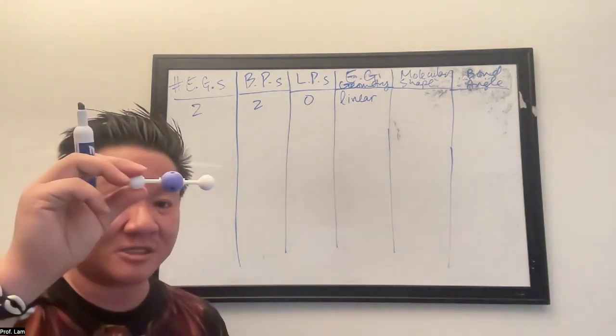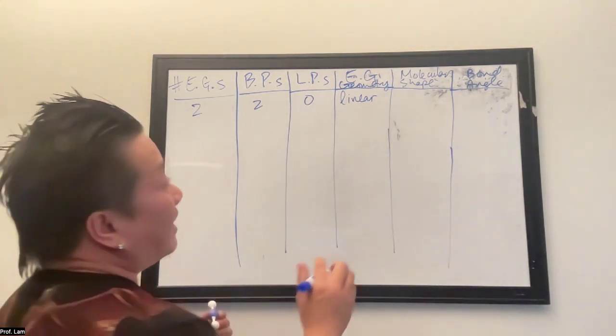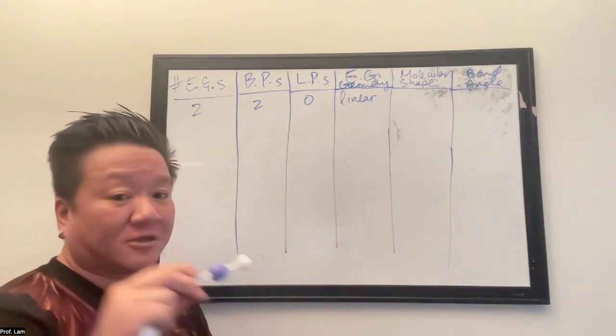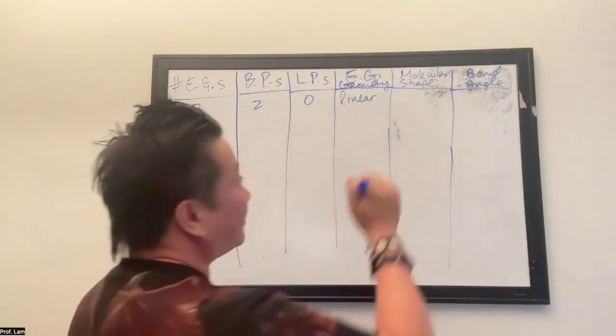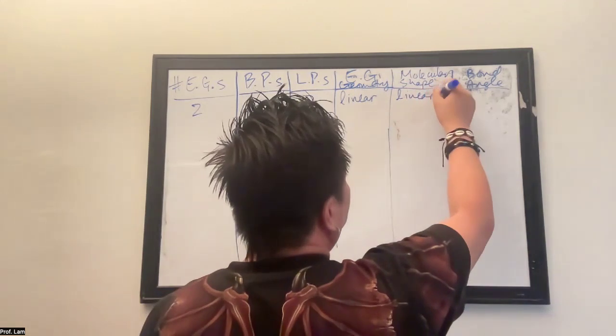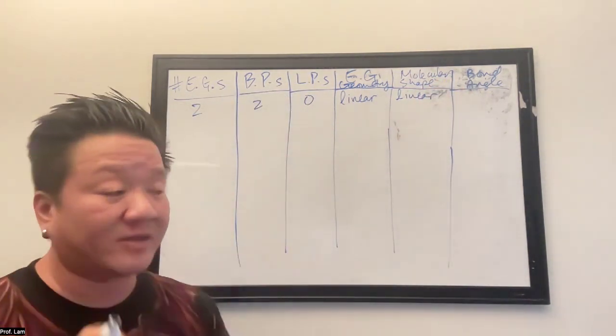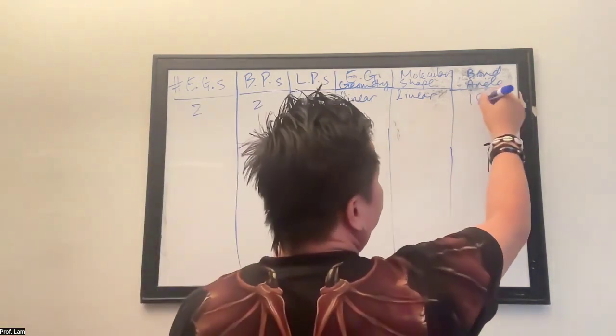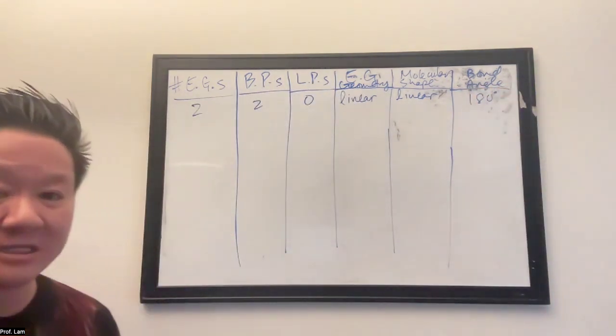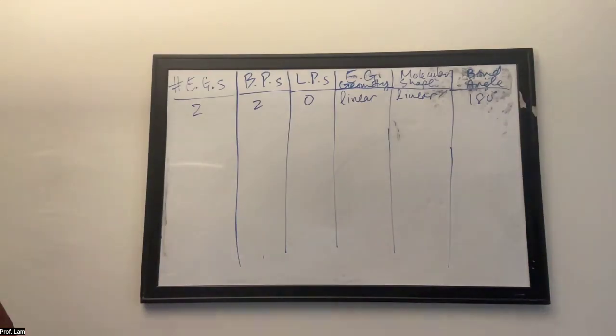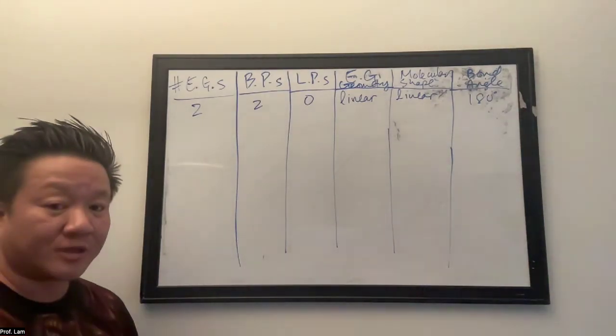You see, it's going to be straight. And what's going to be my molecular shape? Well, also linear. And what's going to be the bond angle? That's going to be this angle here. Well, if things are linear, they're 180 degrees. That's pretty straightforward. So that's what it is for two electron groups.